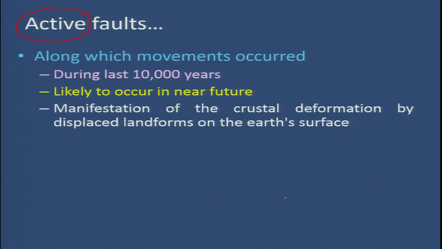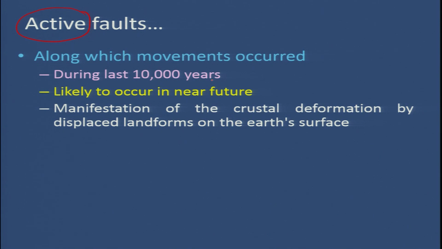And the active faults: the term active for the faults itself suggests that this fault has the potential to move in the near future. In broad definition, active faults are those faults along which movement has occurred during the last 10,000 years.